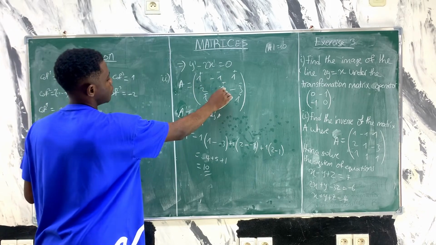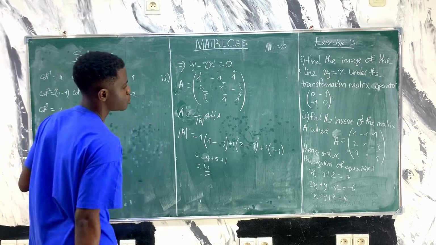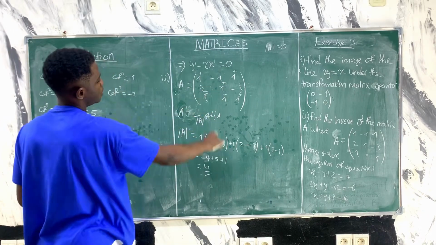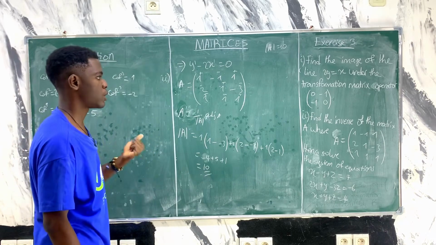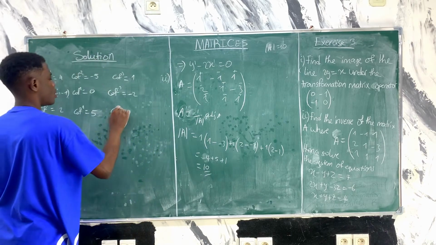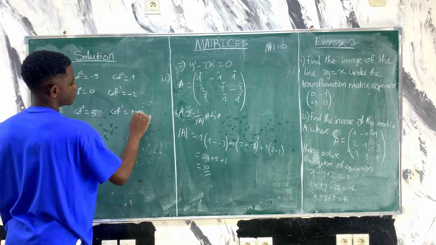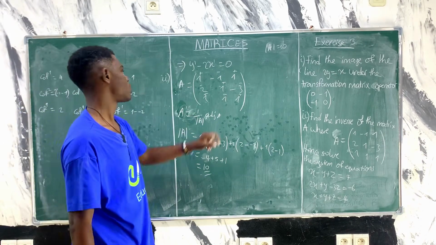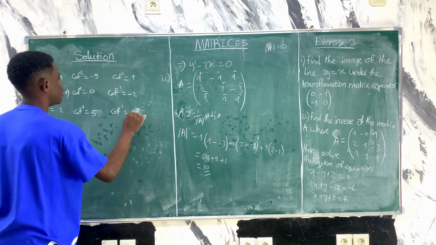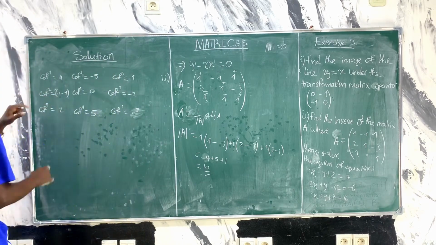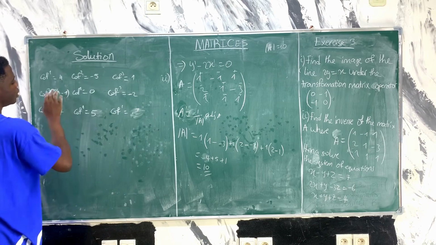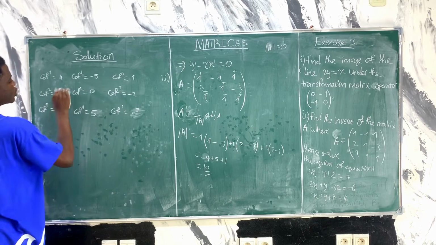This 1 times 1 is 1, minus 2 times 1 is 2, but due to the negative, it's minus minus 2. So 1 minus minus 2, it is 3. Sign is plus, I have 3. Here I have negative into minus 1 is minus 2. Minus 2 times the negative will change to plus 2.